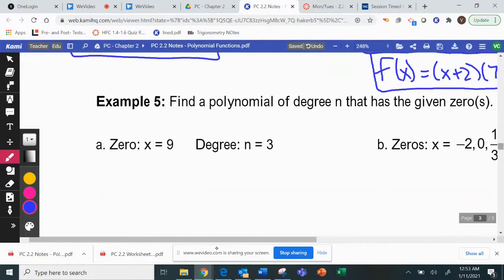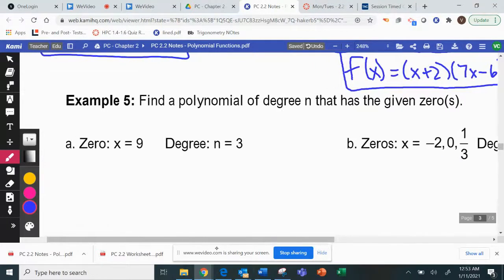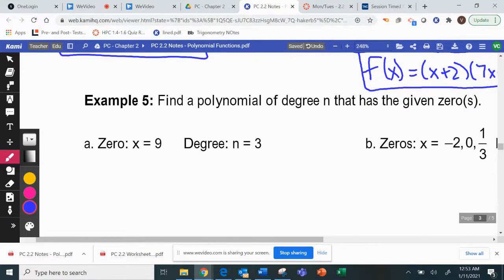Find a polynomial of degree n that has the given zeros. So here is our 0 of x equals 9. So I'm going to write the 0 as a factor. I'm going to subtract the 9. I get x minus 9 equals 0. So we get f of x equals x minus 9.